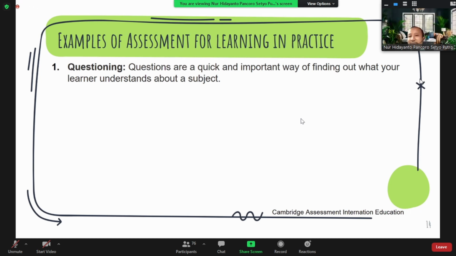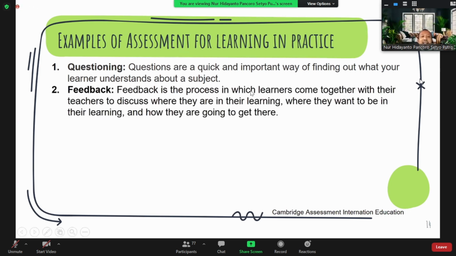In the middle of the semester, you will be able to know it. But still, you need to ask your students, do you have any questions or do you have any difficulties in this assessment, or for our semester materials, for instance. So this kind of question helps our students to get what they understand and what they do not understand.